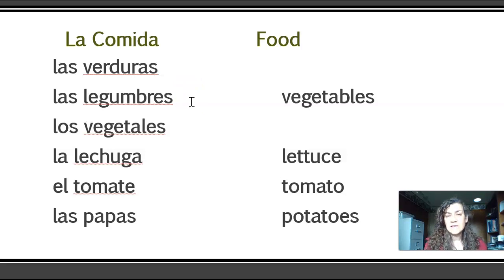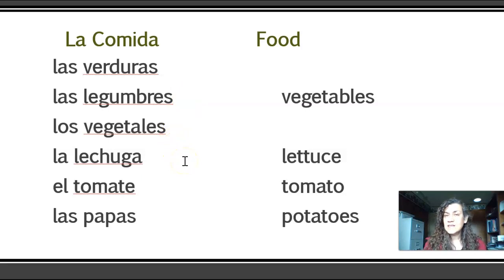That's related to the English word legume, but it means vegetables in Spanish. Or you can say los vegetales, and so that G is going to have an H sound, vegetales. So again, the three words for vegetables in Spanish are las verduras, las legumbres, and los vegetales.